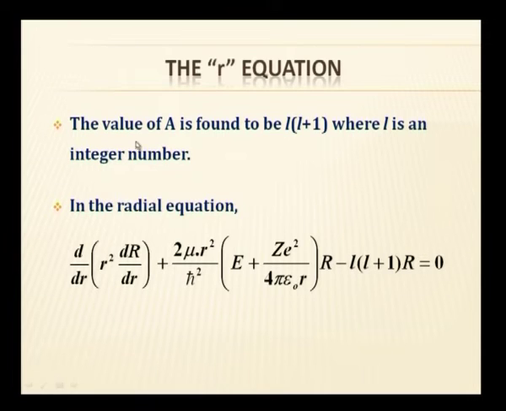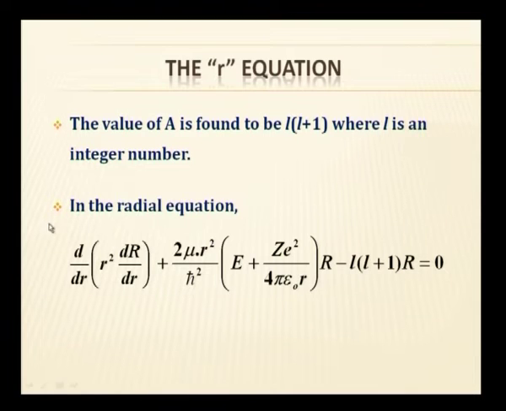So, without going into the details, you can safely say that the value of A is found to be L into L plus 1, where L is an integer. What is L? L is the orbital quantum number which you came across in the vector atom model.